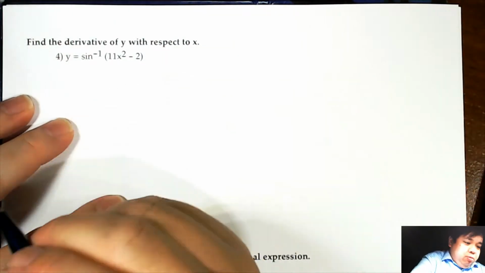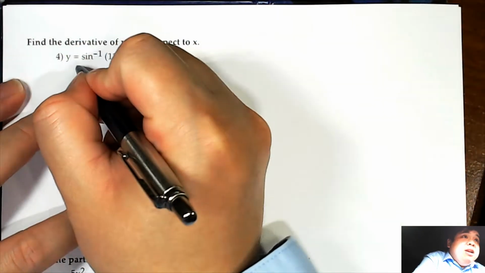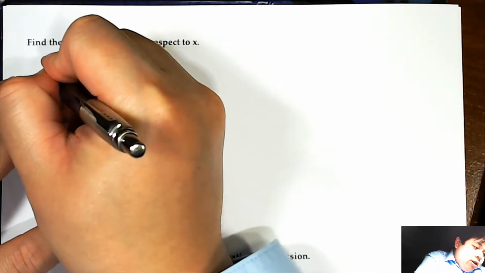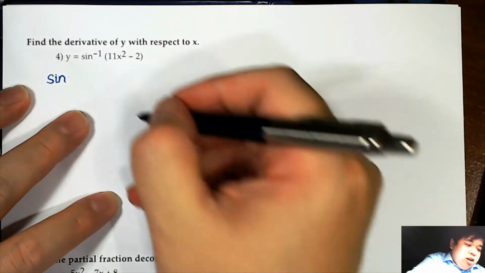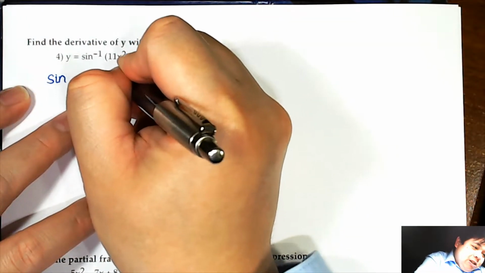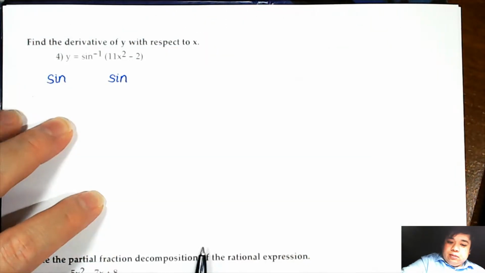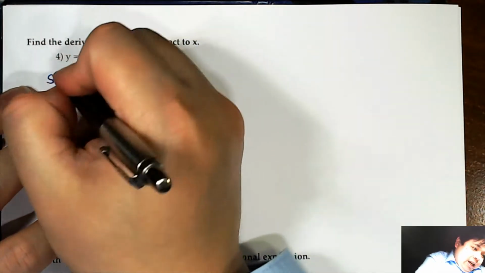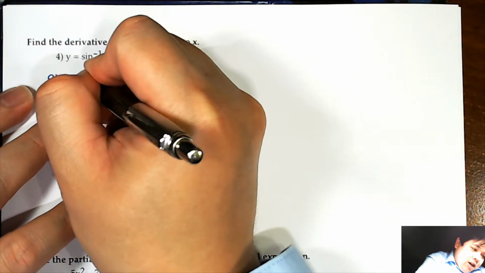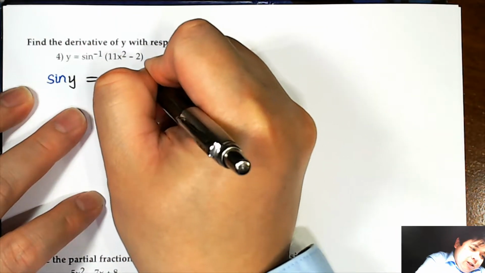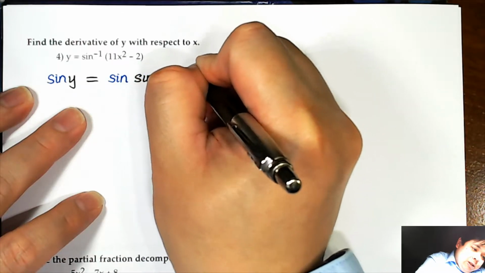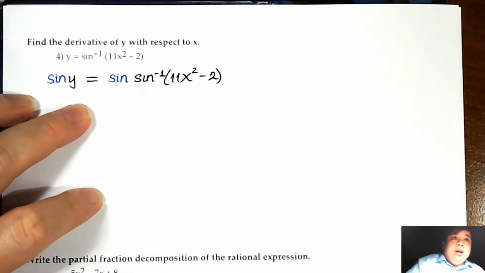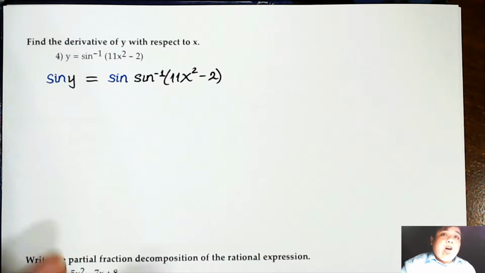So the only thing we need is, if it is the sine inverse function, we will take the sine on both sides. Properties of the inverse: the function and the inverse cancel each other out.